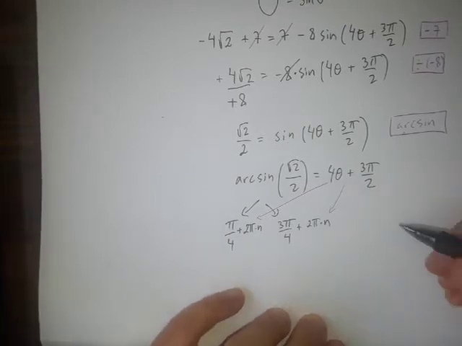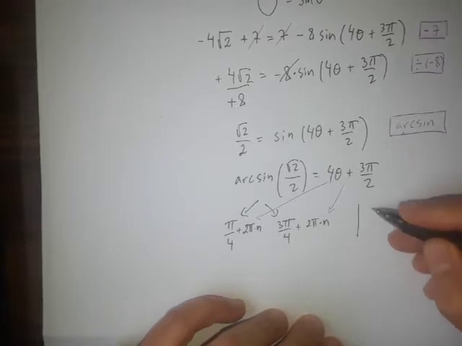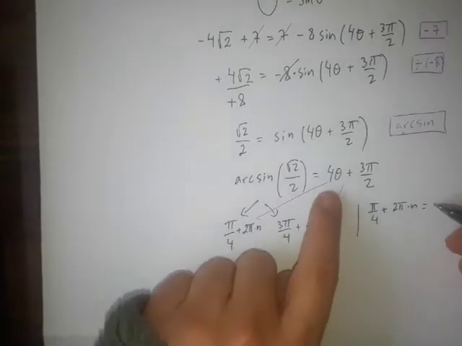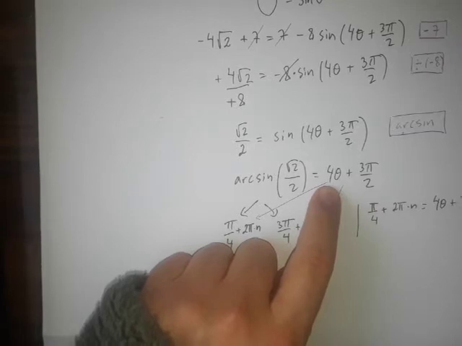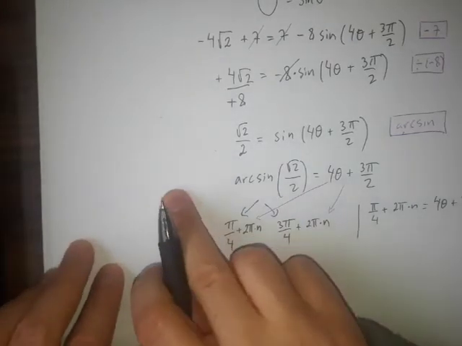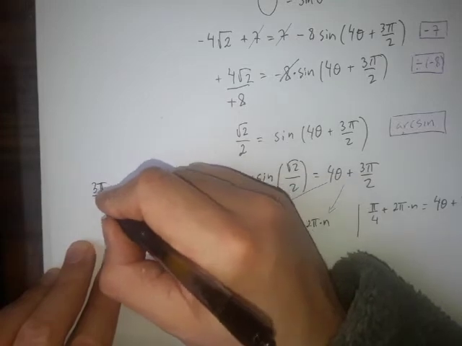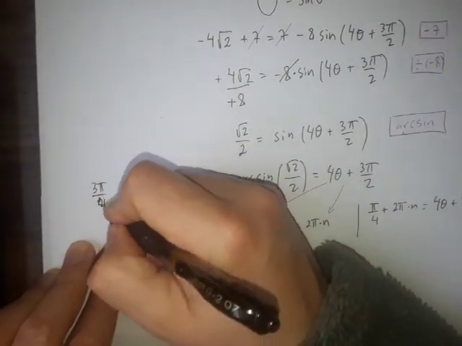One of them is pi over 4 plus 2 pi n equals 4 theta plus 3 pi over 2. Okay. And maybe we're going to do the other one in here. We have some space in here. 3 pi over 4, the other one.